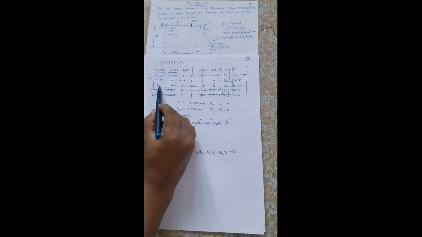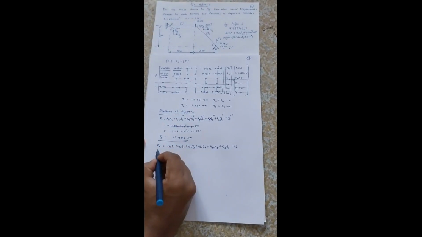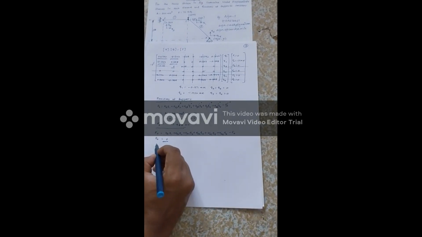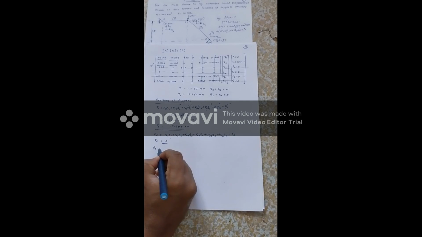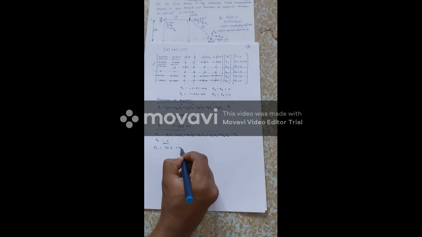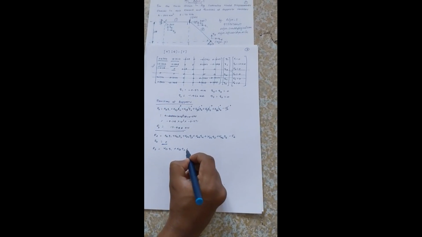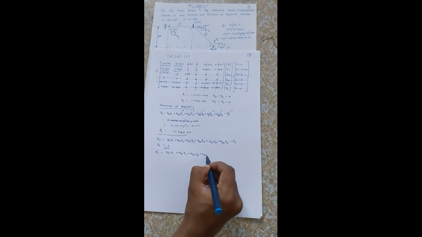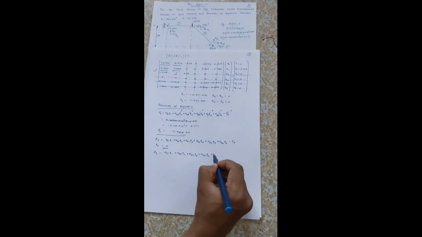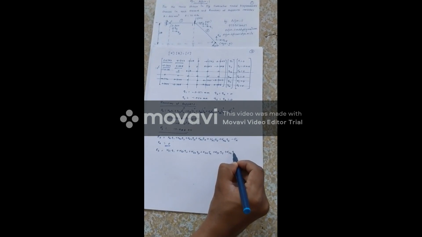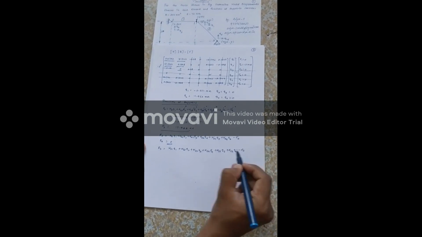Since row 4 is totally 0, we can directly write R4 as 0, and R5 is K51 Q1 plus K52 Q2 plus K53 Q3 plus K54 Q4 plus K55 Q5 plus K56 Q6 minus F5.